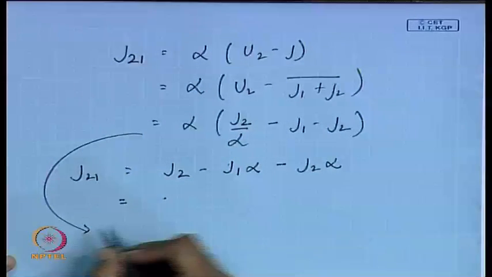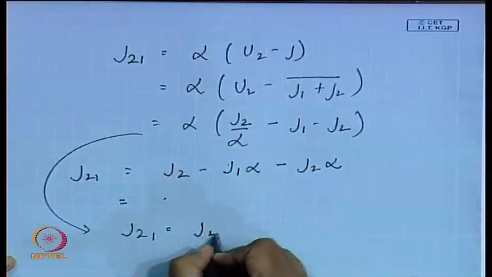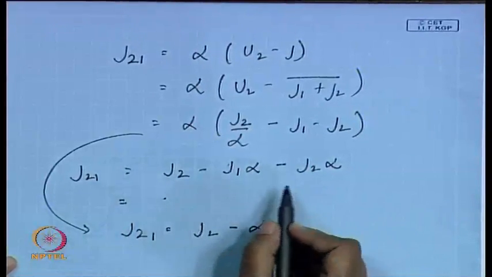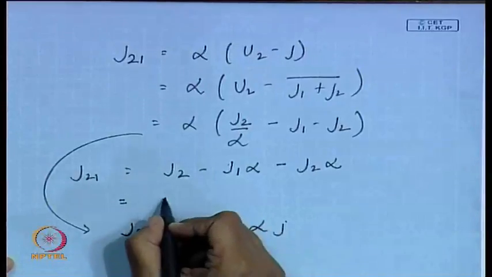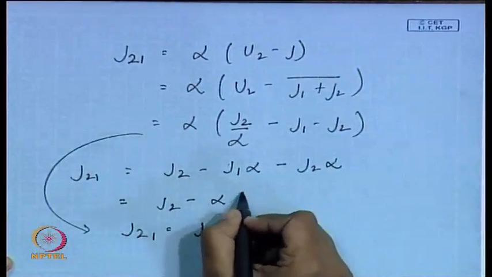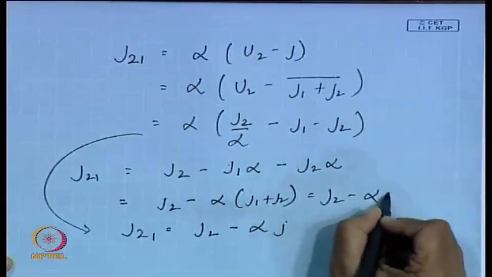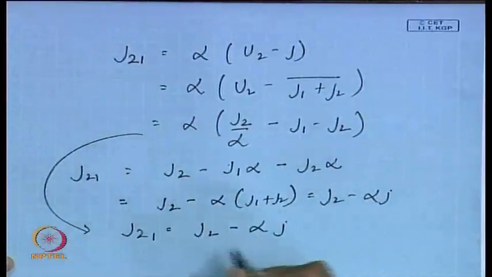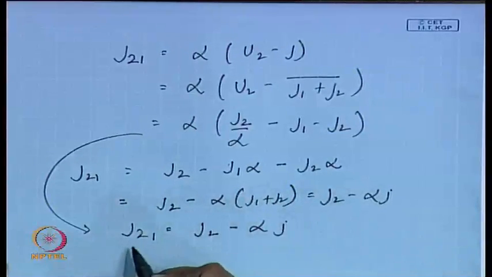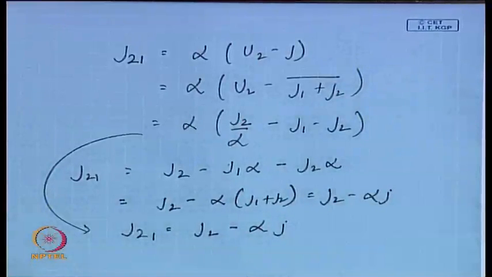From here itself I could have got it: J21 equals J2 minus alpha J. Same thing I can get from this particular thing also, it is J2 minus alpha into J1 plus J2. It is not required to do it in this way, but I wanted to derive one other equation. So, I had started this way anyhow. We can very well get this particular equation.